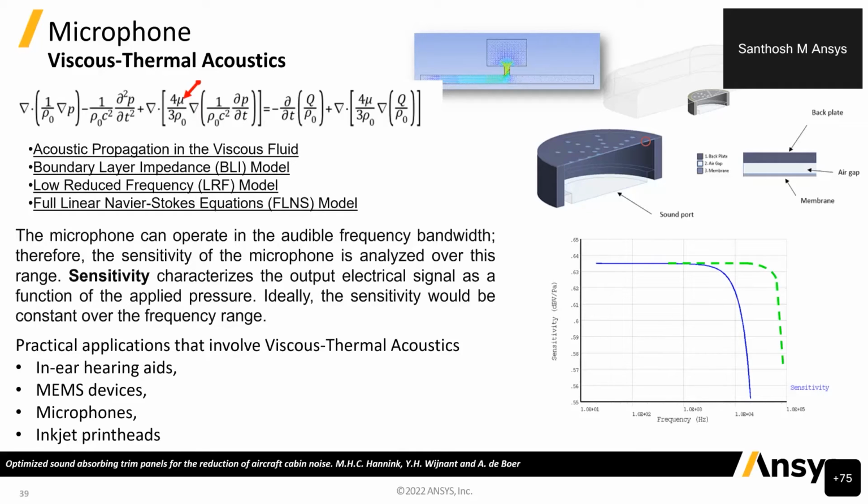So to do that, in addition to the regular wave equation that we have seen in the beginning, we have to introduce additional terms that will take care of the viscosity and the heating effects.